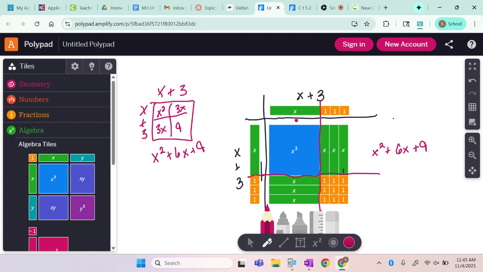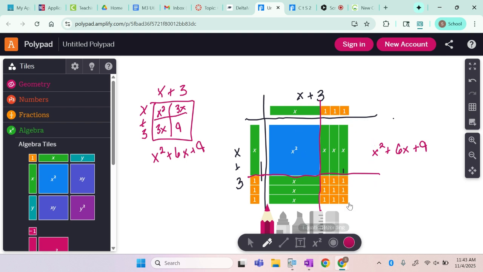What's the length of this side? x plus 3. What's the length of this side? x plus 3. What's the length of this side? So all 4 sides are congruent. They're all x plus 3. So we actually have a square here. And that's what it means by completing the square. We're going to actually make squares.